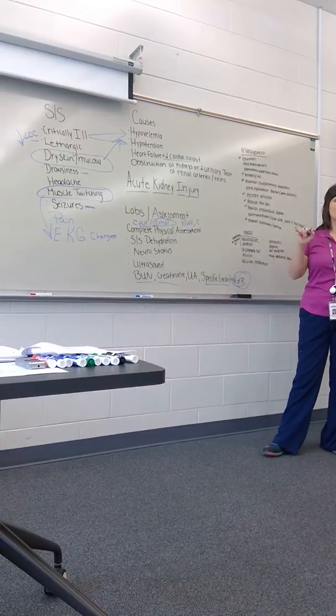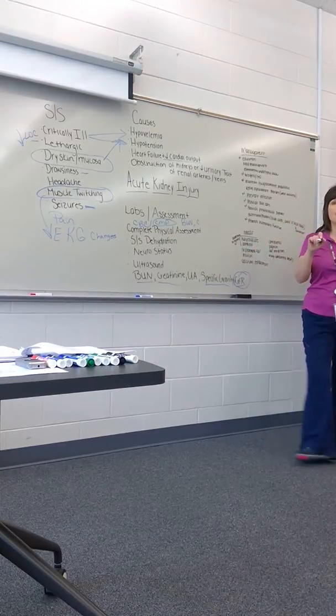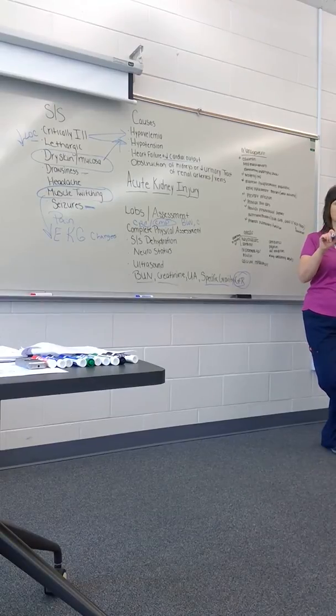There is a table in your book, and I put it on the slides, of the stages of kidney dysfunction. It tells you that if the GFR is between these values, then it's mild. So how much should your kidneys filter a minute?